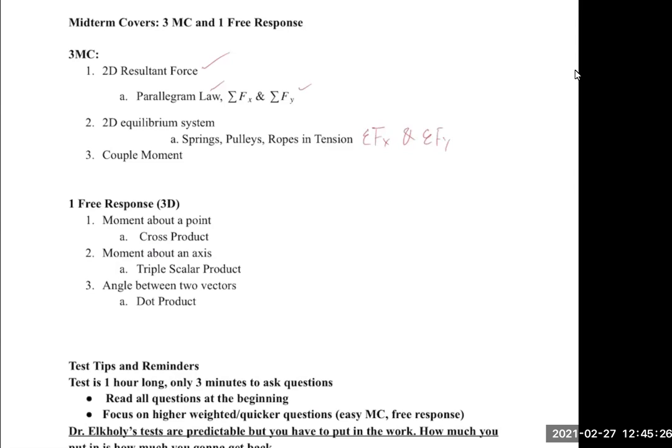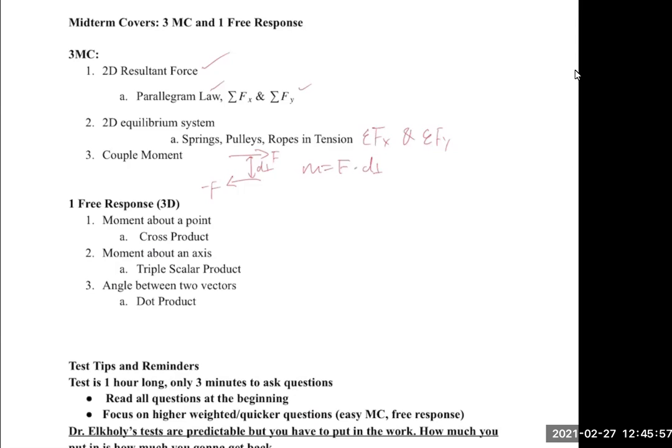Okay, and then the third problem, couple moments. A couple is 2 forces of exactly the same magnitude, separated by a distance, but facing opposite directions. To find the moment, it's the force multiplied by its perpendicular distance, so moment equals F times the perpendicular distance.